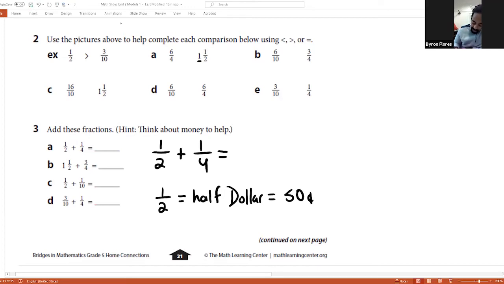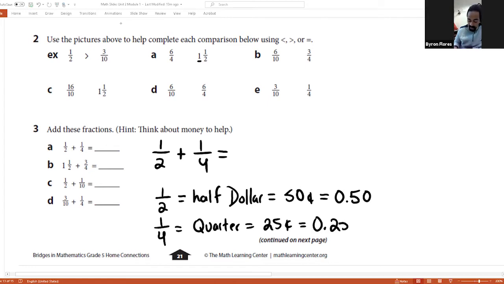Now, when we convert that into a decimal, it's 0.50. 1/4 is equal to a quarter. And a quarter is equal to 25 cents. And 25 cents is equal to 0.25.